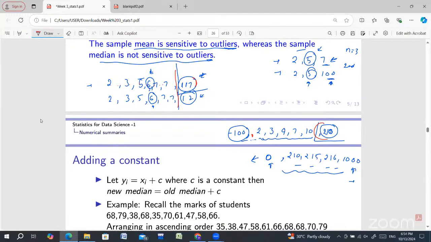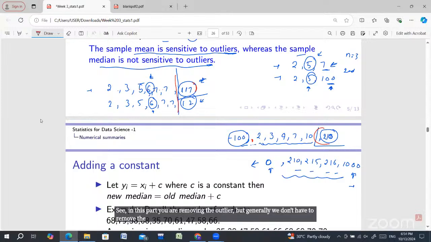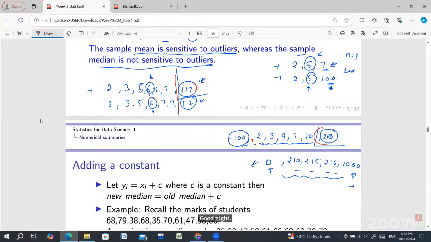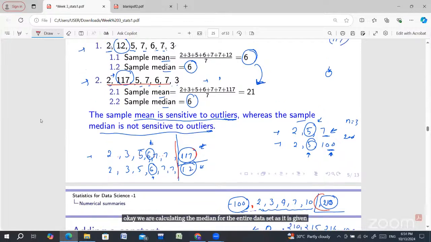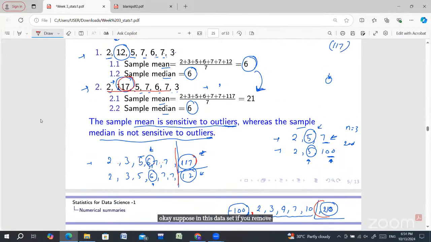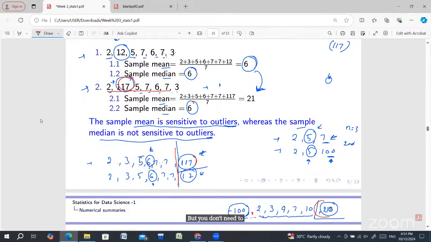See, in this part you are removing the outlier, but generally we don't have to remove the outliers in the data set. We are calculating the median for the entire data set as it is given. Suppose in this data set, if you remove the 117, then the median will change. But you don't need to remove the outlier. Only if you remove it will it change. Otherwise, not. So it is correct to say that median is not sensitive to outliers.